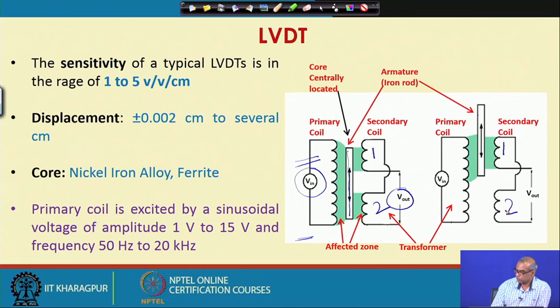It will be the difference between voltage V1 and voltage V2. So, when the soft iron core is centrally located, the output voltage will be 0. But when the soft iron core is not centrally located, there will be a non-zero voltage output from the secondary coils. So, this output voltage is a measure of the displacement.